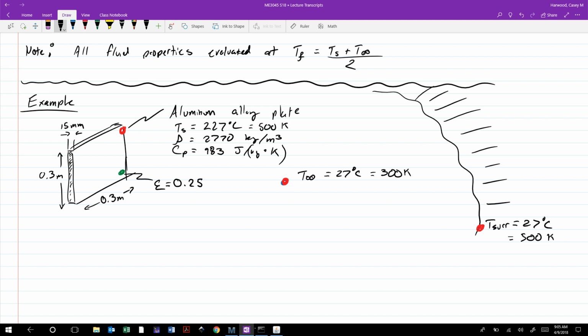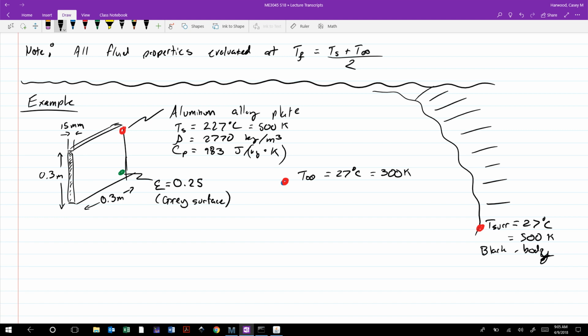Okay, so to kind of get a handle on this problem, we have all our properties for our plate. We specify the emissivity. It's basically a metallic body sitting surrounded by some faraway surroundings. These surroundings we're going to treat as a black body, and this plate we're going to treat as a gray surface.